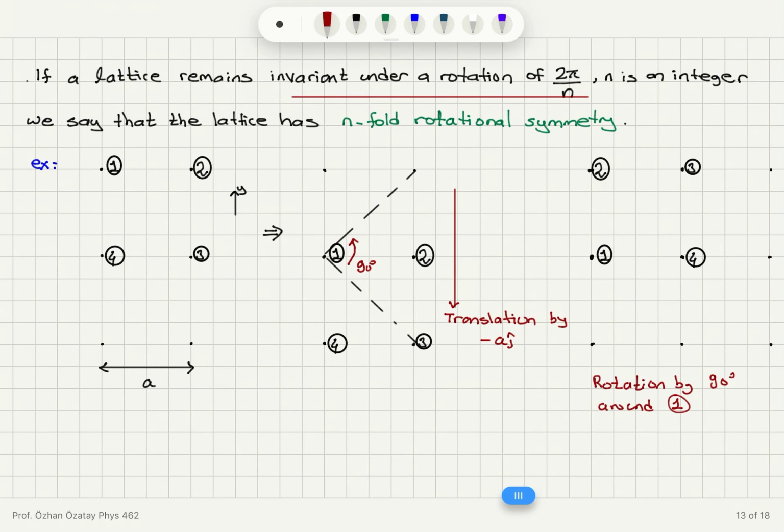So this rotation by 90 degrees around point 1 is a point operation, and it's basically mapping the lattice into itself. A 2 pi over 4 rotation is not changing the lattice, and therefore we have a fourfold rotational symmetry about an axis that goes through point 1.